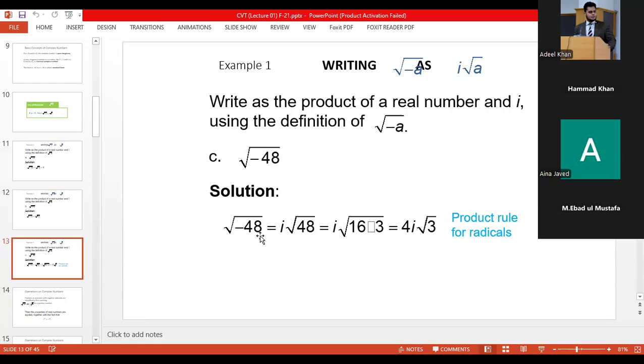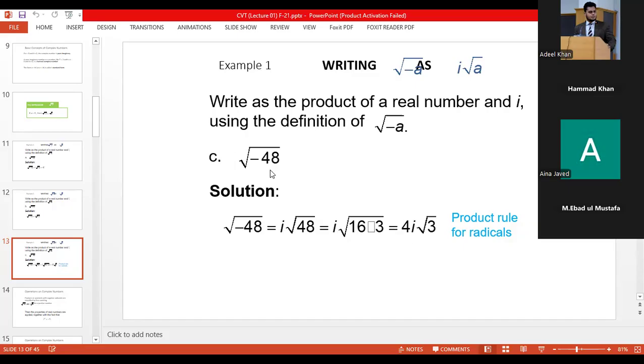You can see the square root of minus 48 is represented as iota times the square root of 48, since the minus under the square root represents iota. Further, the square root of 48 can be taken as the square root of 16 into 3, that is, the square root of 16 multiplied by the square root of 3. The square root of 16 is 4, and the square root of 3 stays in this form.